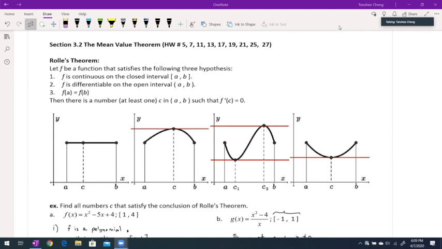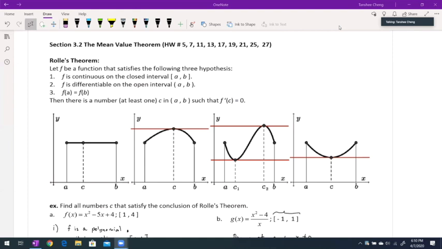The first part is what Rolle's theorem is. Rolle's theorem says that if the function meets three criteria, then we can use its conclusions. The first is that the function must be continuous on a closed interval. The second is that the function must be differentiable on the open interval, because we already know that at the endpoints the function is not differentiable.